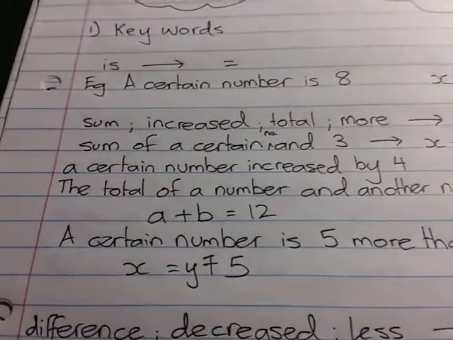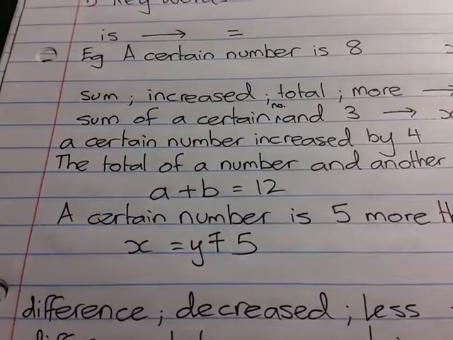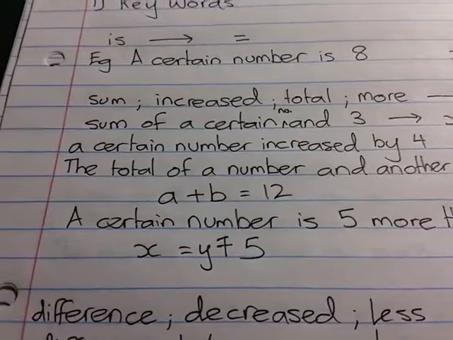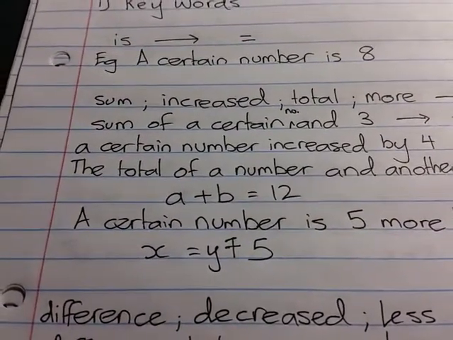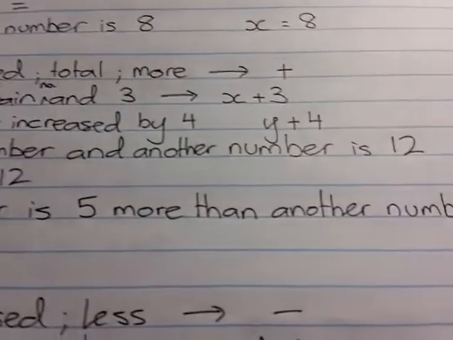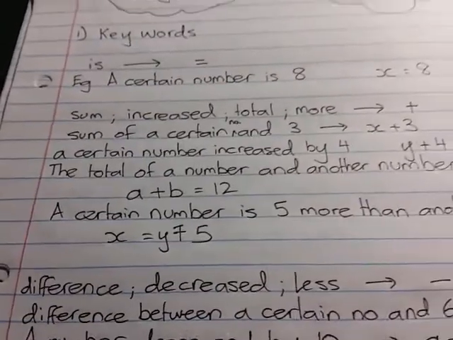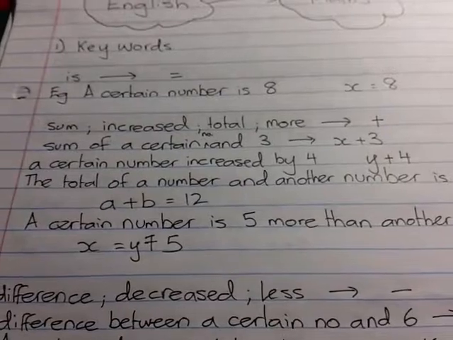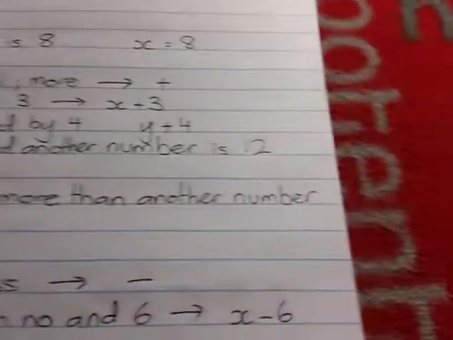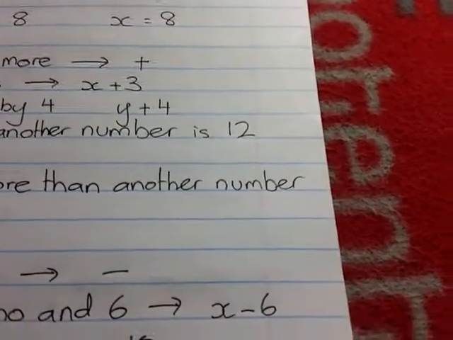Now the next one. If you see the words difference, decreased, and less, these words are associated with the operation of subtraction. If you see the difference between a certain number and 6, that can be translated into x minus 6.